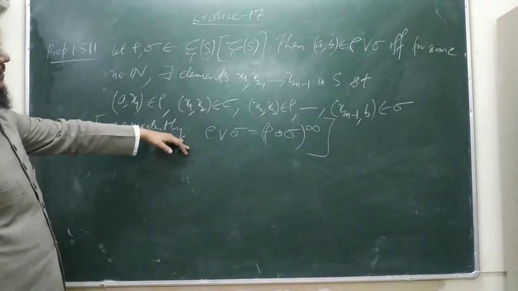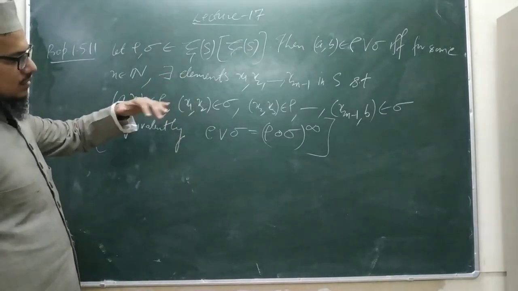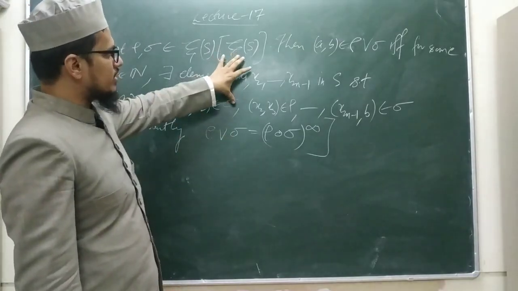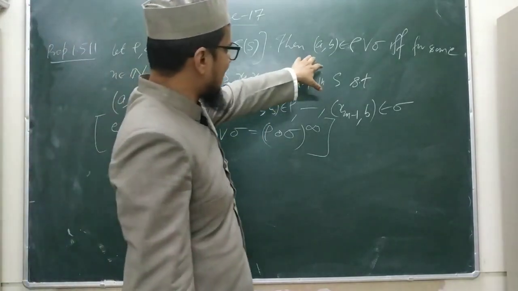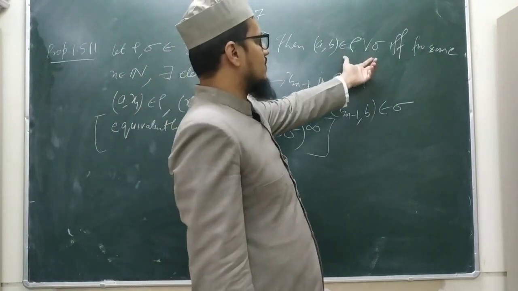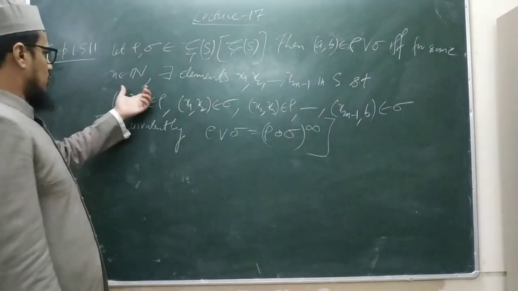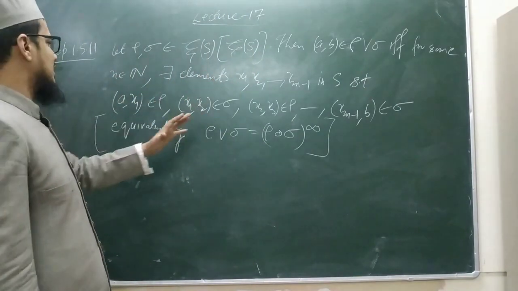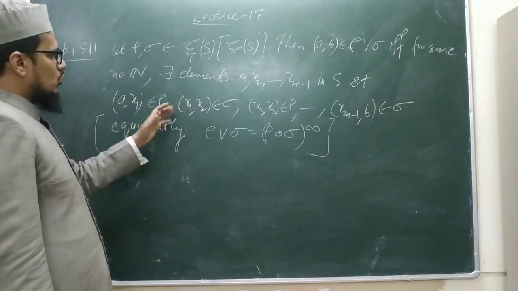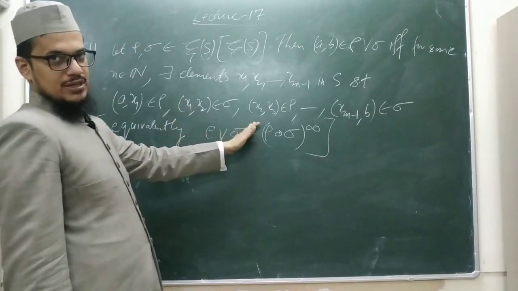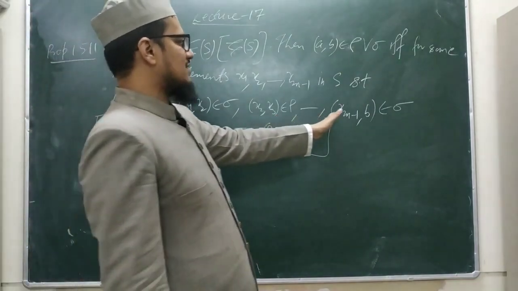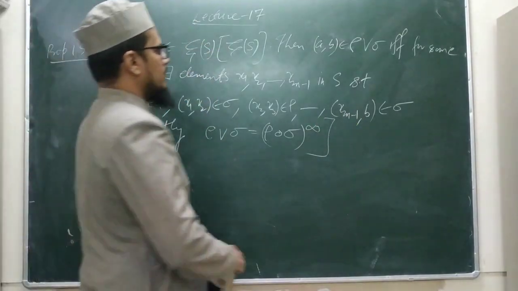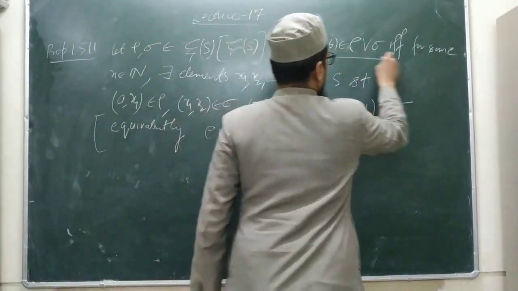So both are equivalent. Now try to think by yourself how these two statements are equivalent to each other. Here the statement is written as A comma B belongs to rho join sigma if and only if for some n belonging to the set of natural numbers there exist elements x1, x2, and so on up to x2n minus 1 in S such that A comma x1 belongs to rho, x1 comma x2 belongs to sigma, x2 comma x3 belongs to rho, and so on, x2n minus 1 comma B belongs to sigma.